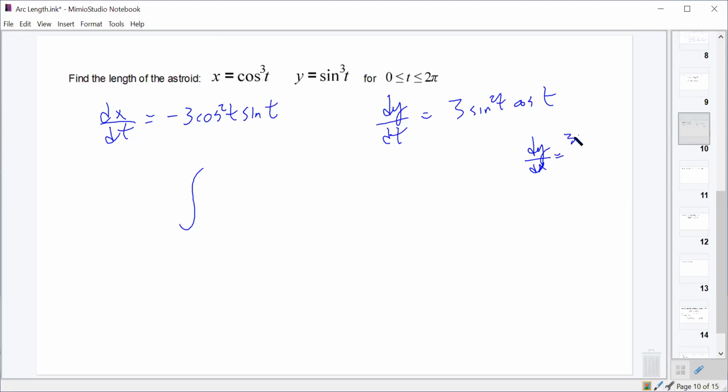Dy dx is 3 sine squared t cosine t over negative 3 cosine squared t sine t, which tells us that, you can hardly read that, I'm sure, but what does that tell us? It tells us that when t is 0, the derivative is indeterminate. And when t is pi over 2, the derivative is indeterminate. And when t is pi, the derivative is indeterminate. And when t is 3 pi over 2, the derivative is indeterminate.